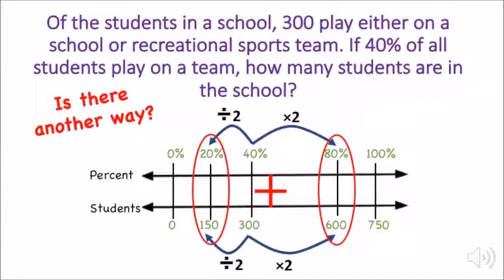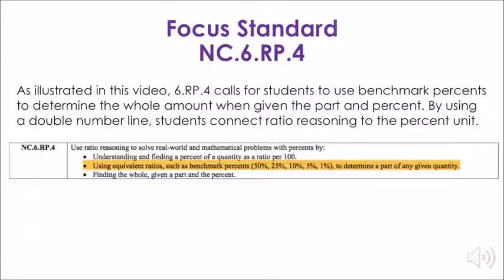As illustrated in this video, 6 RP4 calls for students to use benchmark percents to determine the whole amount when given the part and percent. By using a double number line, students connect ratio reasoning to the percent unit.